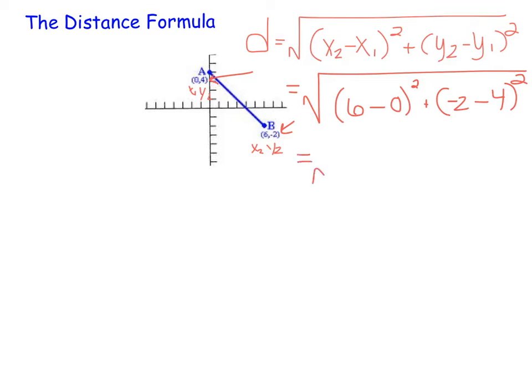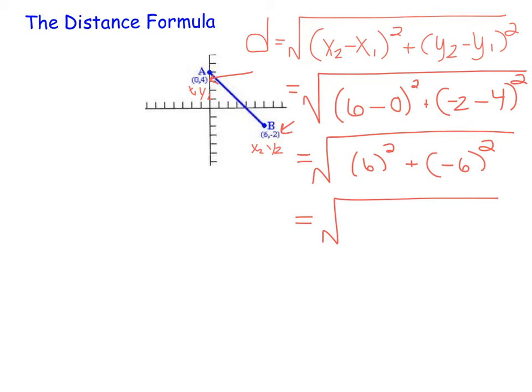Now if I continue showing my work here, 6 minus 0 is 6, so I have 6 squared, plus negative 2 minus 4 more is a negative 6 squared. And then if I keep continuing, 6 squared I know is 36, plus negative 6 squared is also 36, so it's the square root of 72.